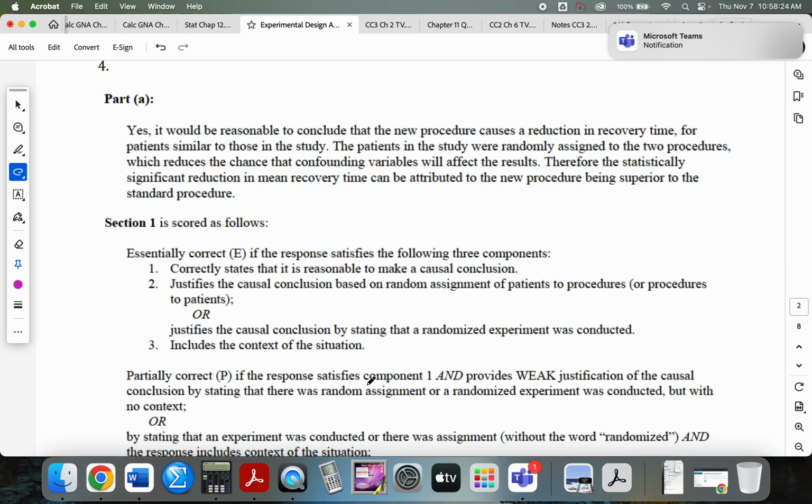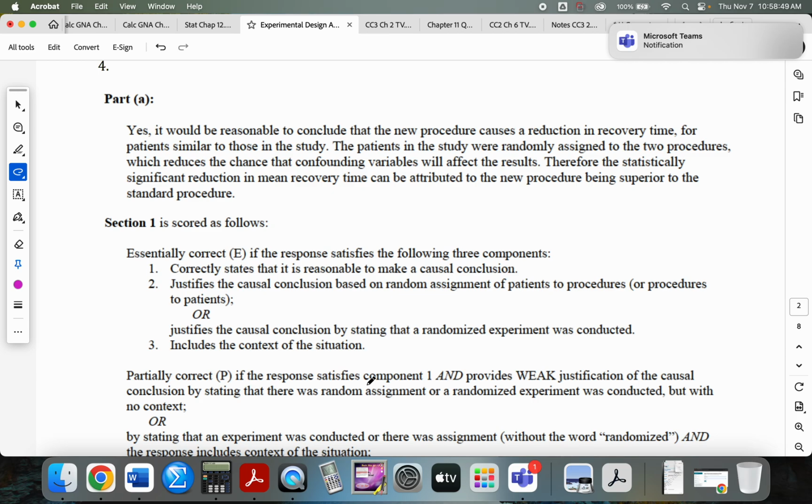So I felt free not to write all of that. The patients in the study were randomly assigned to the two procedures, which reduces the chance that confounding variables will affect the results. And I probably should have said, therefore, the statistically significant reduction in mean recovery time can be attributed to the new procedure, which is what Brody was saying.